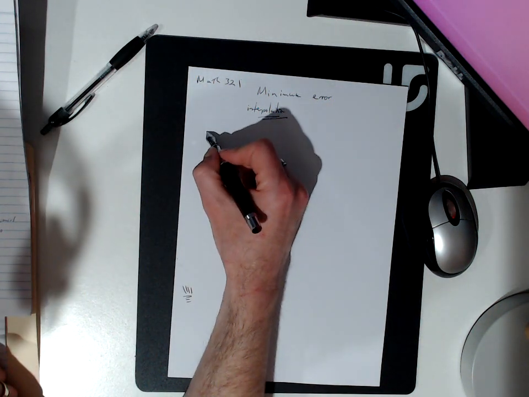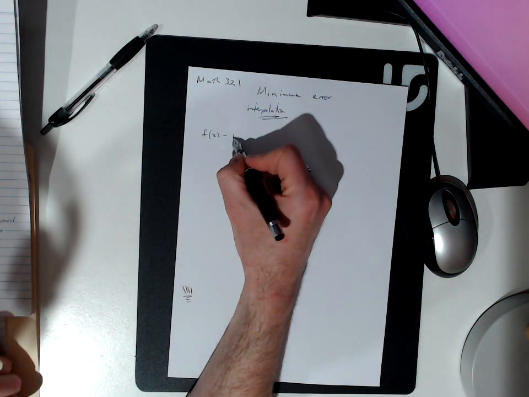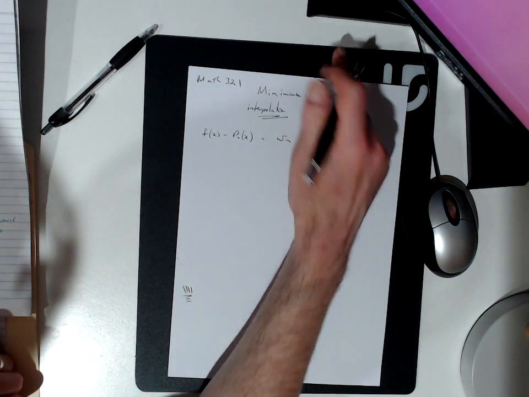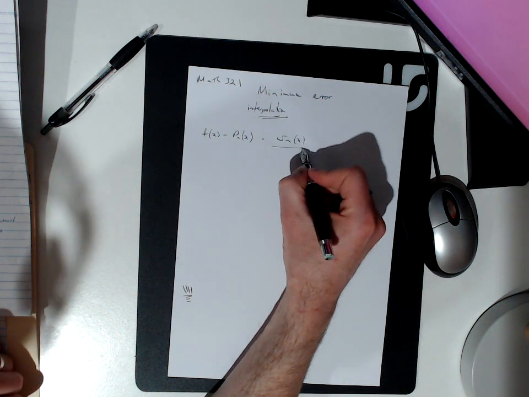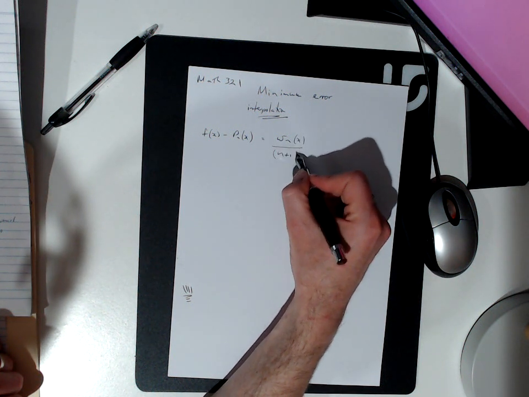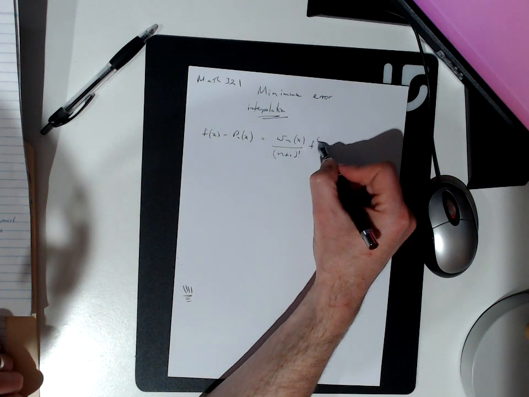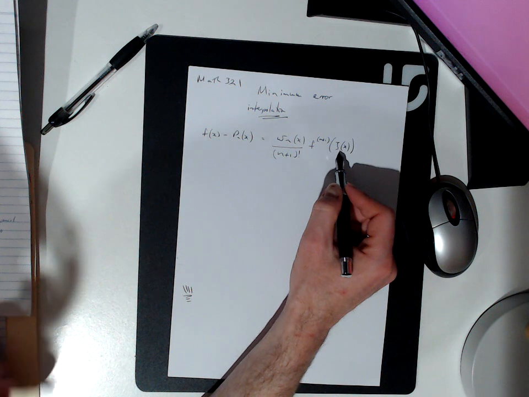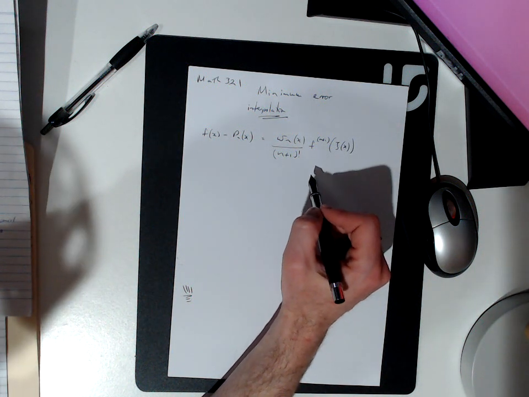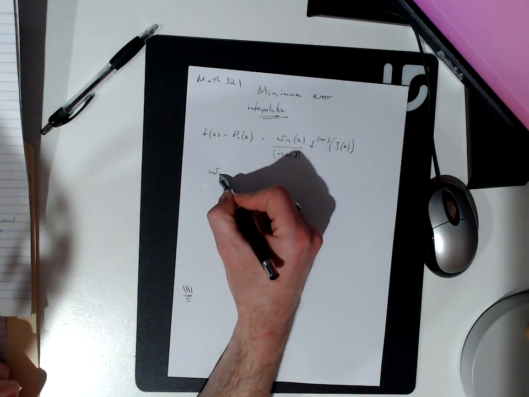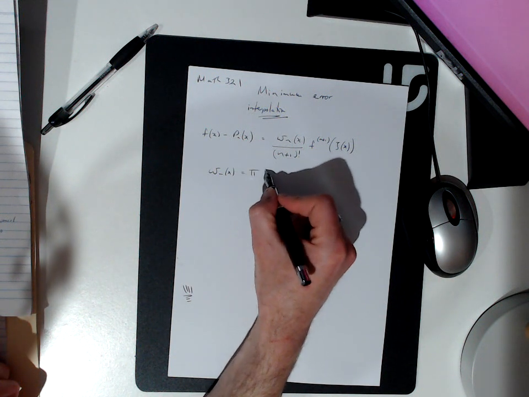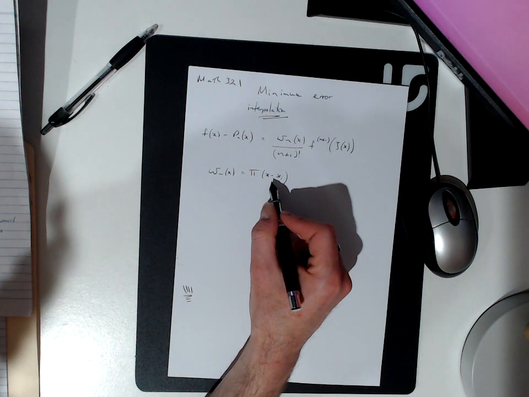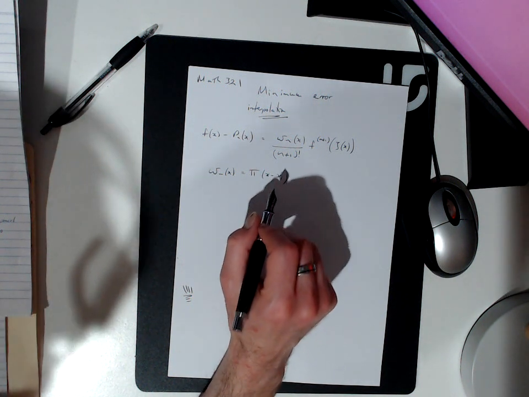So the pointwise error interpolation function for an interpolating polynomial, where xi of x lies inside some appropriate interval, and omega n of x is the product of monomials that look like this form.